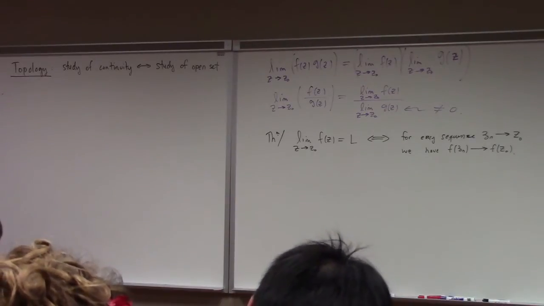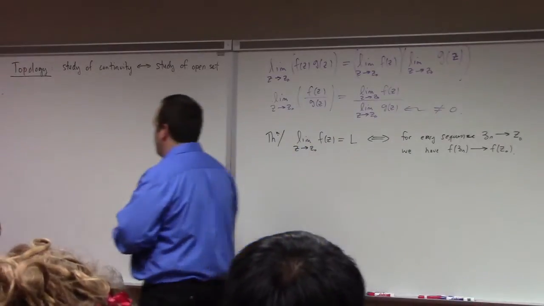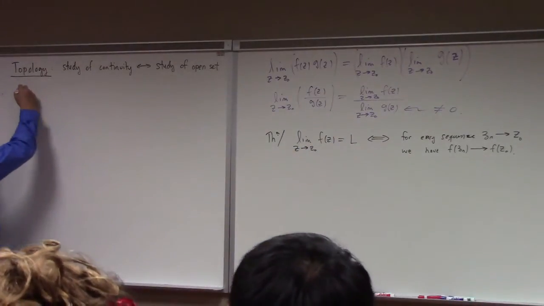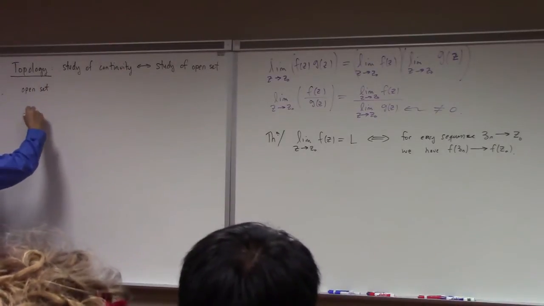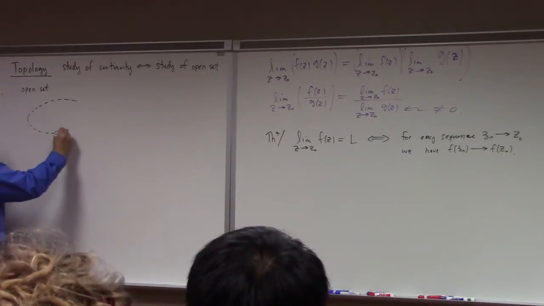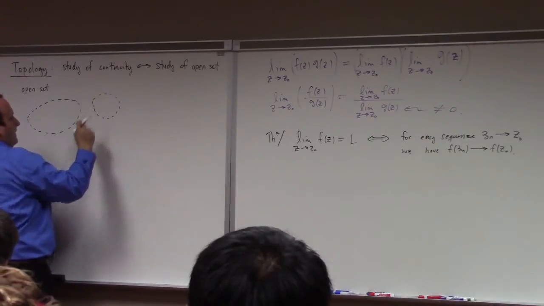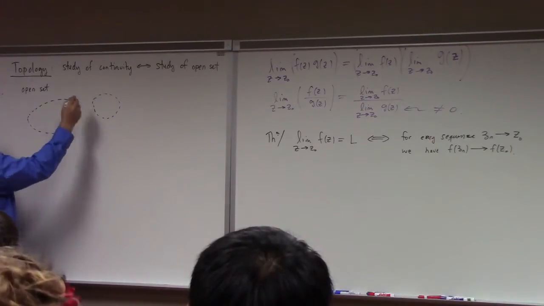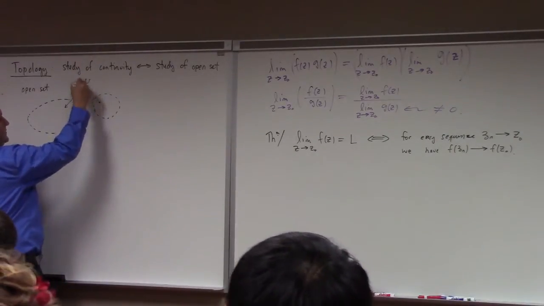Okay, so we need to set some terms here. So we talked about open set before. What was open set? Basically means it could be something like this, right? Maybe both of these together are some set U, right?